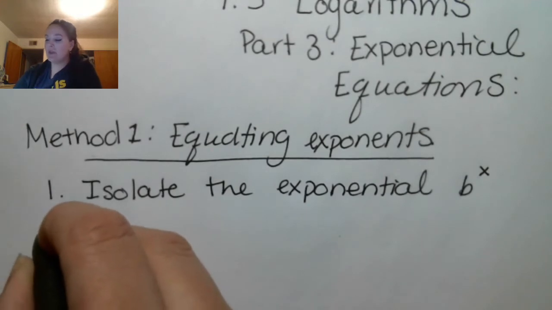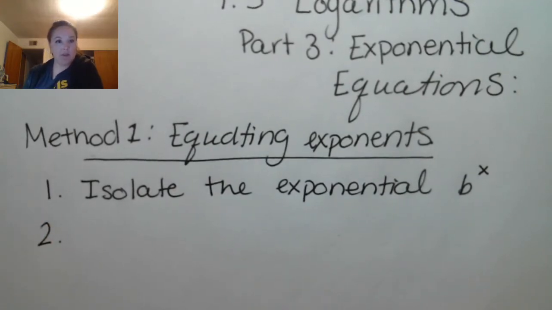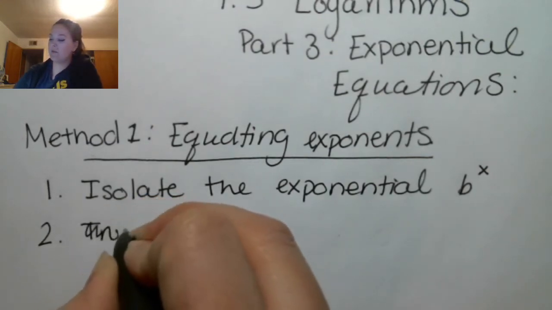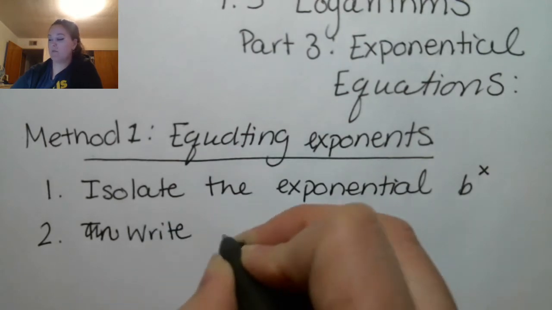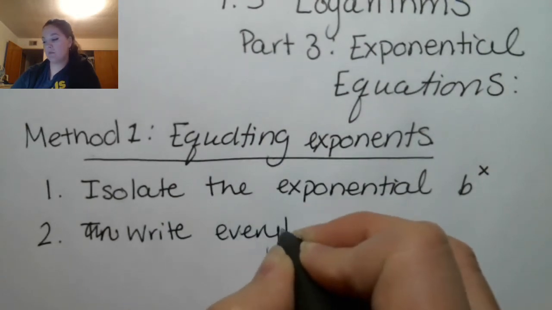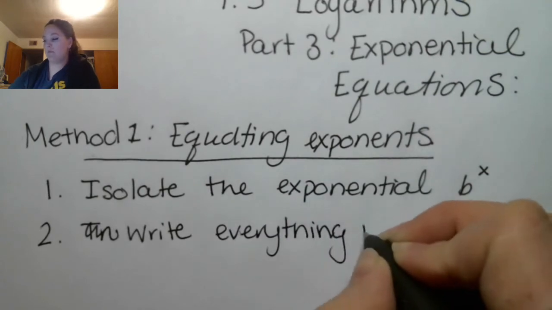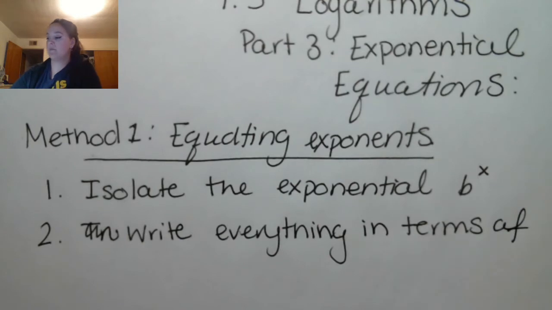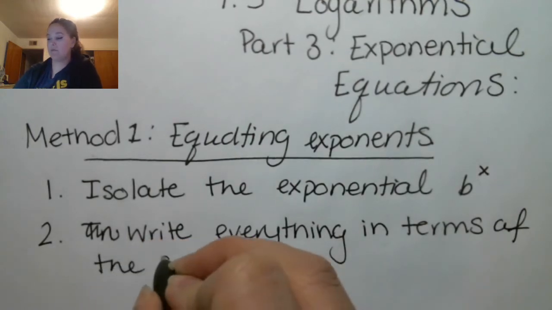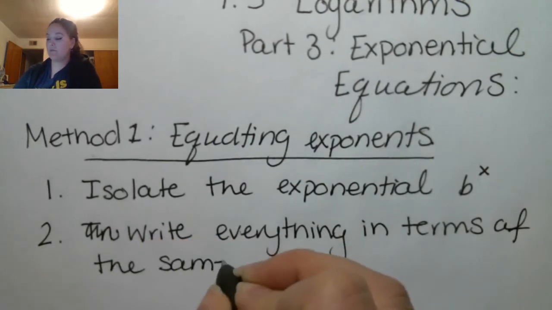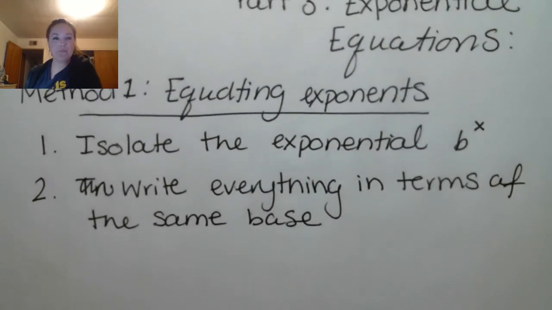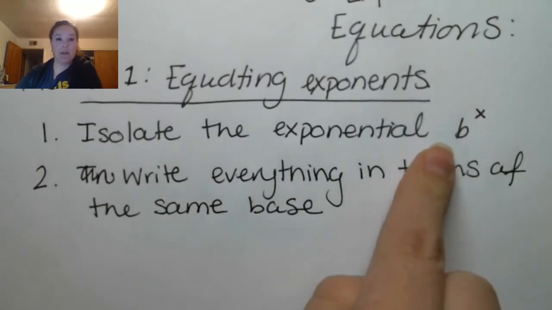Then the second thing we're going to do is try to write everything in terms of the same base. It might be the base b that you see in the equation.